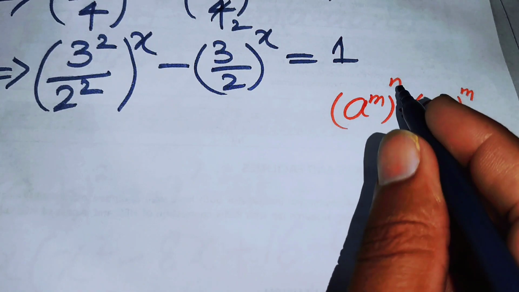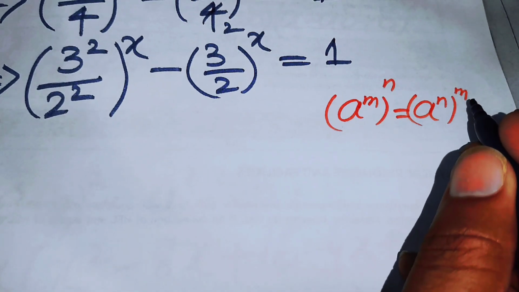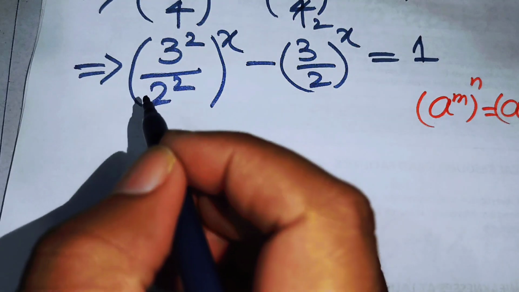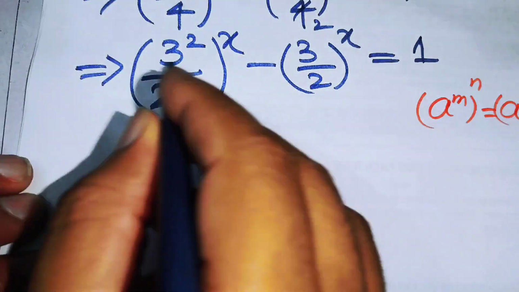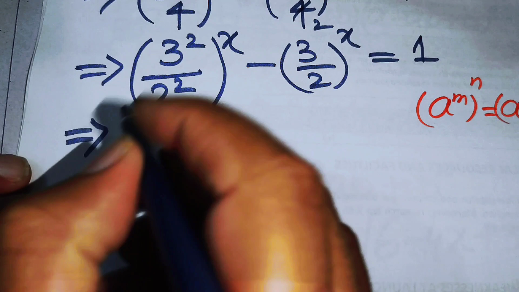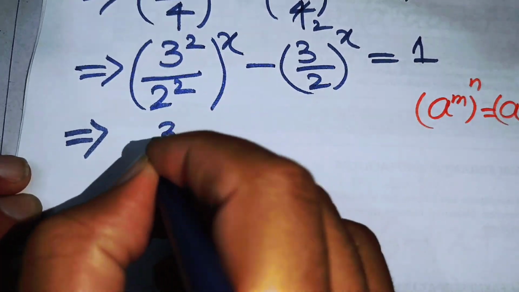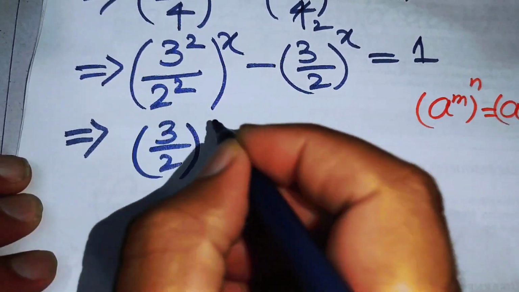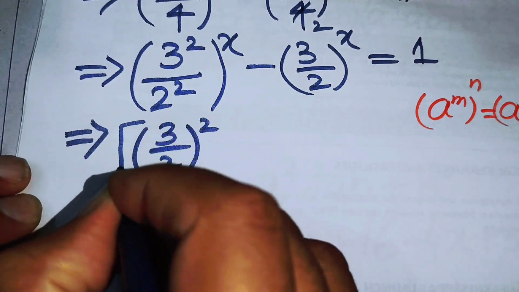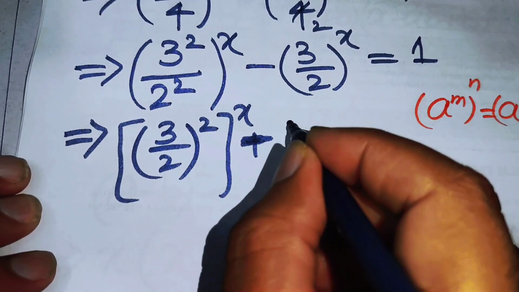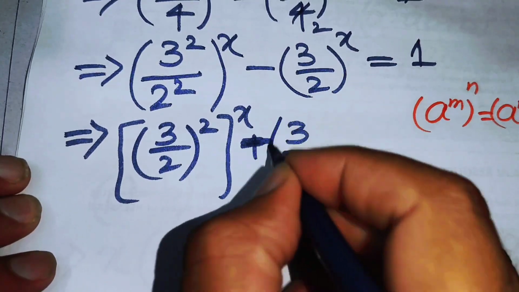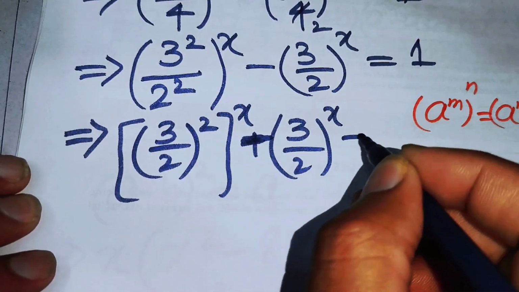If you have m to the power of n, you can write n to the power of m. Okay, so now I can just interchange these exponents. First I can simplify this term, and we can write in simplified form 3 over 2 its power 2 and whole power x minus 3 over 2 to the power of x is equal to 1.